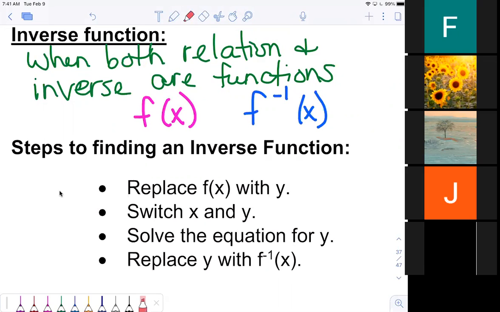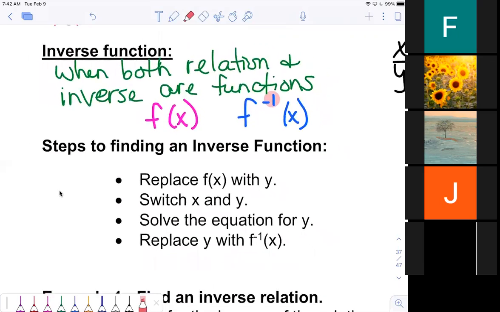So this little -1 here is raised, kind of like raised to the -1 power, but that represents the inverse function. So we would say the inverse of f. And we use the same function because it's related to the f function. So if f is a function, my inverse function I use with f -1. So that is inverse notation.